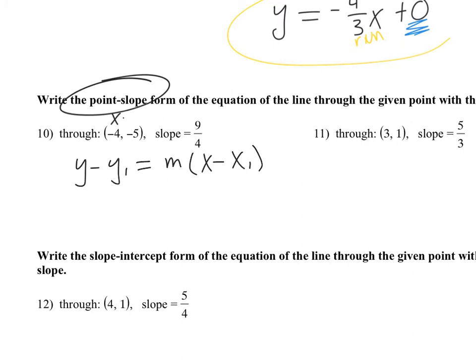Remember, this is x1, y1. That is your slope. So instead of y minus y1, I'm going to replace that y1 with that negative 5. Because you're doing minus a negative, that is going to turn it into a plus 5. I'm going to substitute the slope in for m.